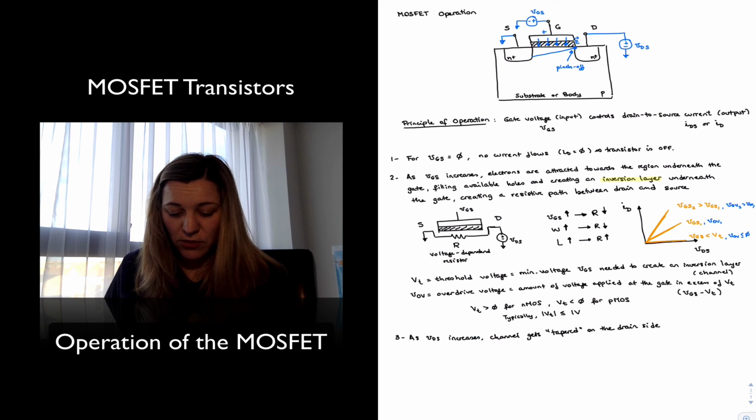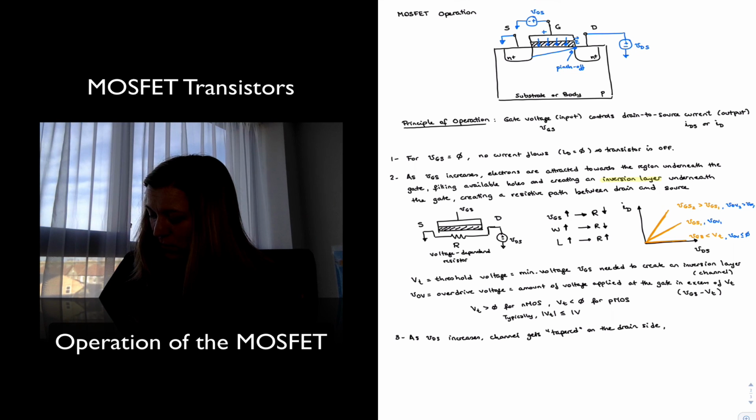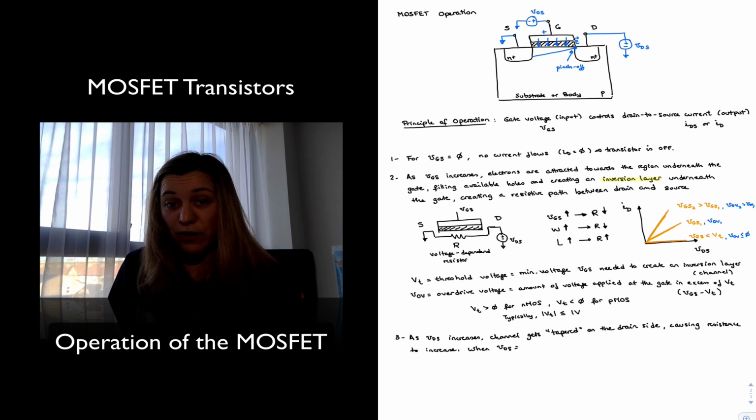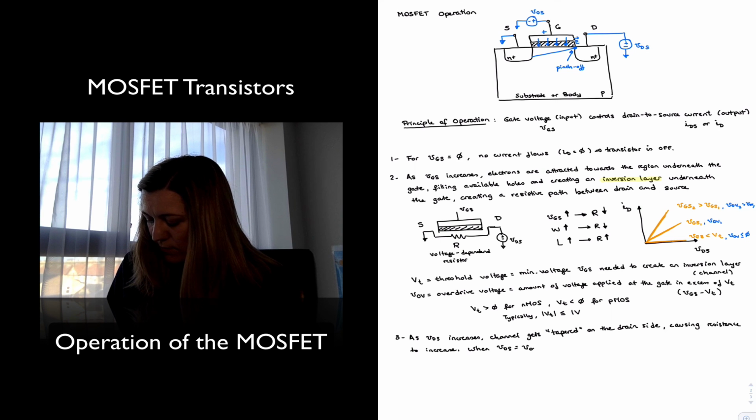This causes the resistance of the channel to increase. And finally, when VDS is equal to the overdrive voltage, VGS minus VT, then we say the channel gets pinched off.